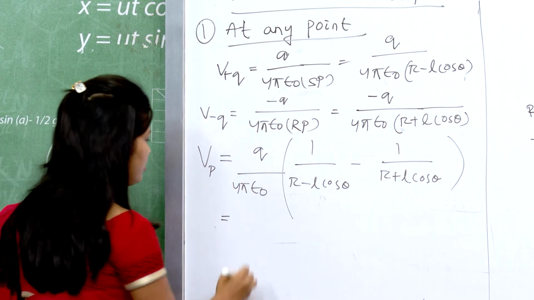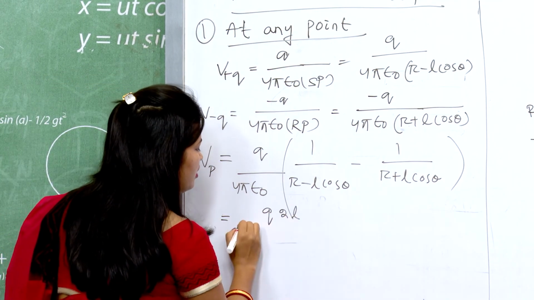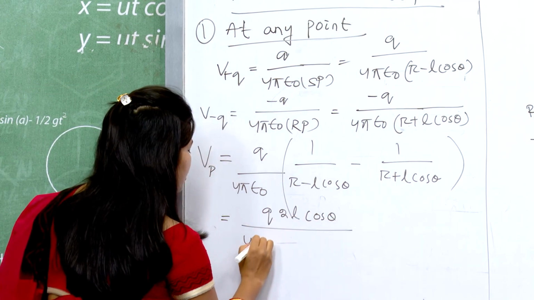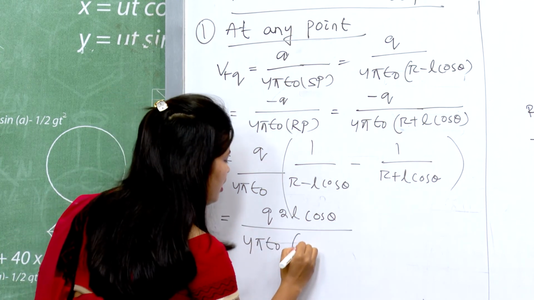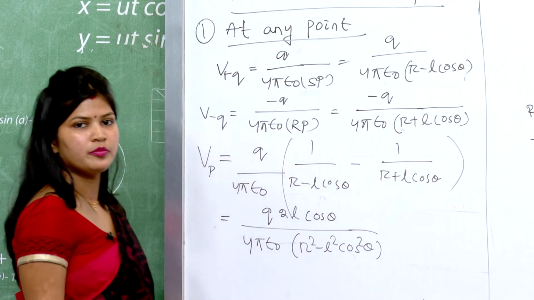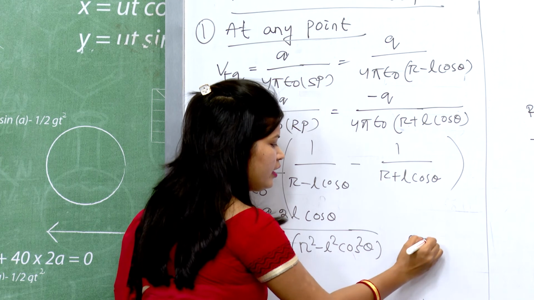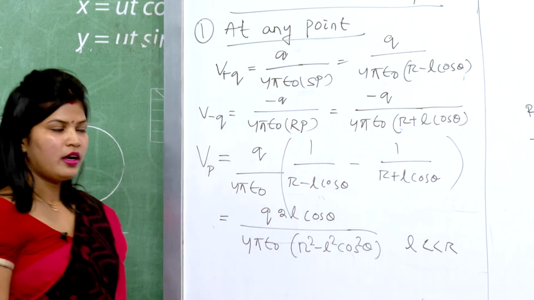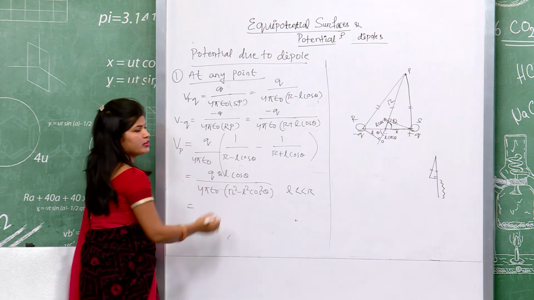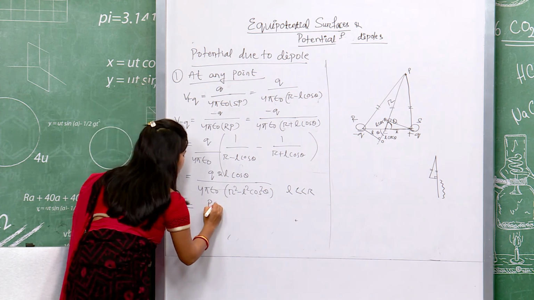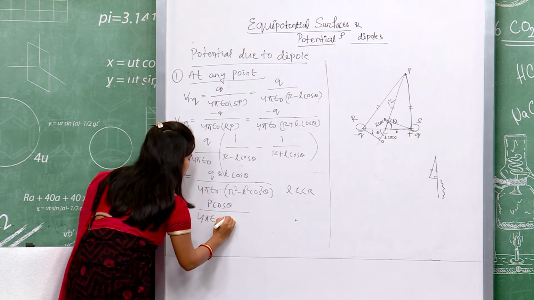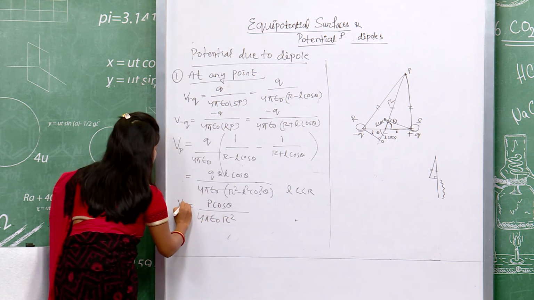On solving, I will find Q 2L cos theta upon 4 pi epsilon naught times R square minus L square cos square theta. As L is very much less than R, and Q times 2L is our dipole moment, I will find V equals P cos theta upon 4 pi epsilon naught R square. This is our potential.